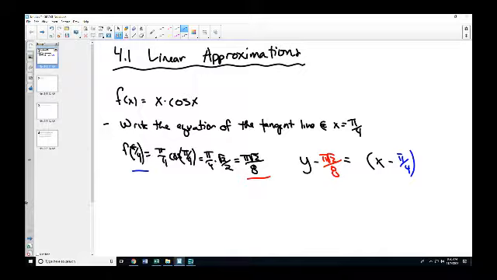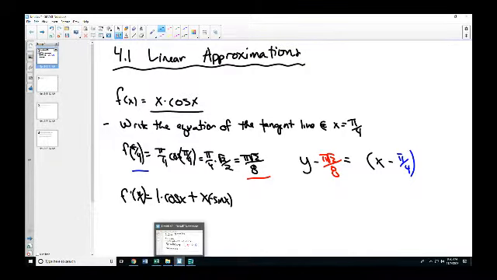How do I calculate slope here? Okay, evaluate the derivative. So the derivative is, yeah, it's a product, so we have a product rule. Derive the first, copy the second, plus copy the first and then derive the second.